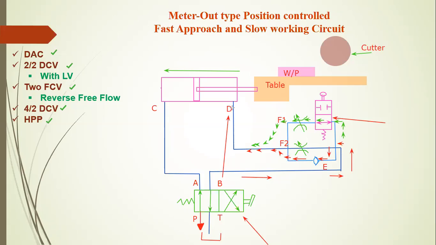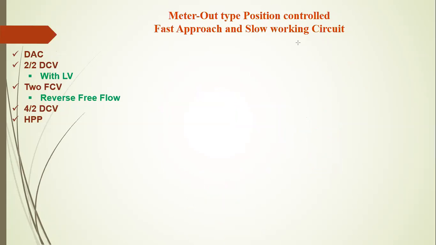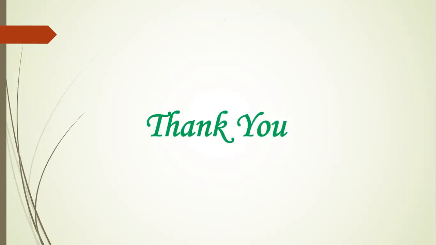But whenever the first condition is operated, F2 is active and the piston or working bed moves in a slow direction. This is the complete working condition and hydraulic drawing of the meter-out type position control, fast approach and slow working hydraulic circuit. Okay, thank you.